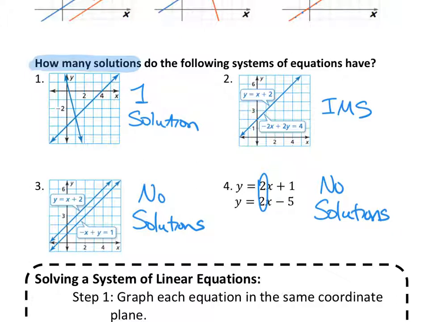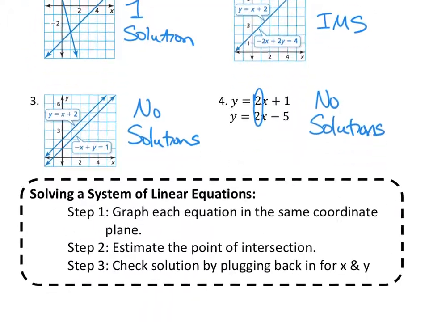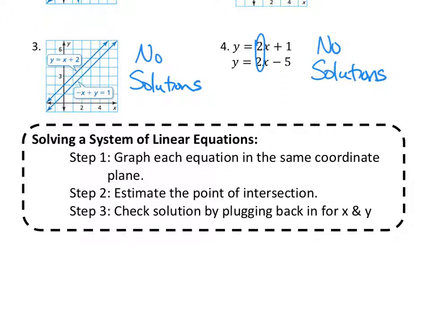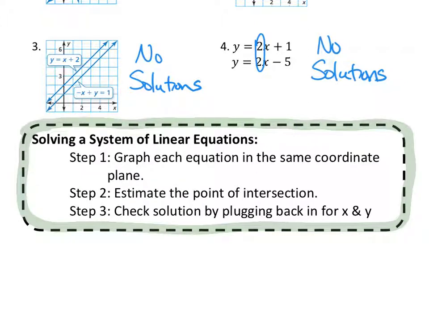Now, the whole gist of today is not just to tell me how many solutions something has, although that's really fun to do all the hand signs. We also need to tell me what is the solution to the system. Those steps right here are what we do for the rest of class. The steps to find an actual solution are to graph each equation on the same coordinate grid, like we just did on our Desmos.